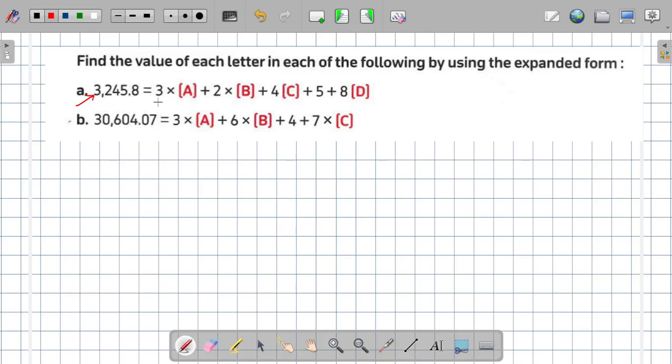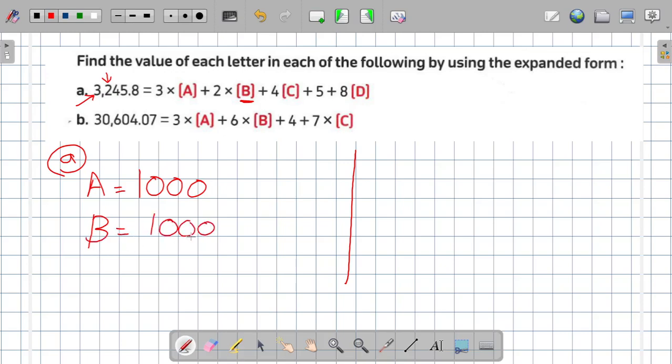Okay, so it's 3 times 1,000. So I think A equals 1,000. Okay, next I have 200. So it will be 2 times 100. So B will be 100. Okay.